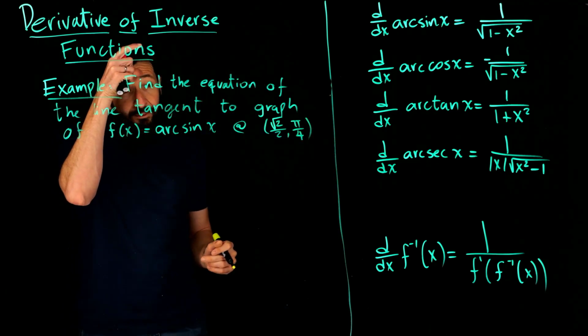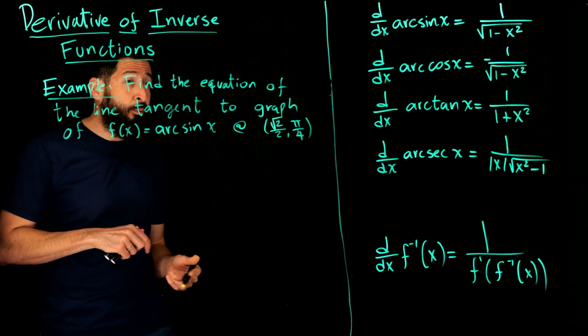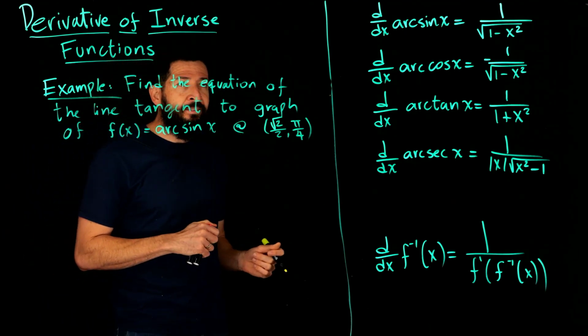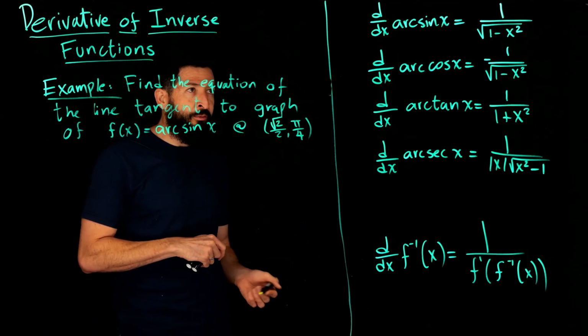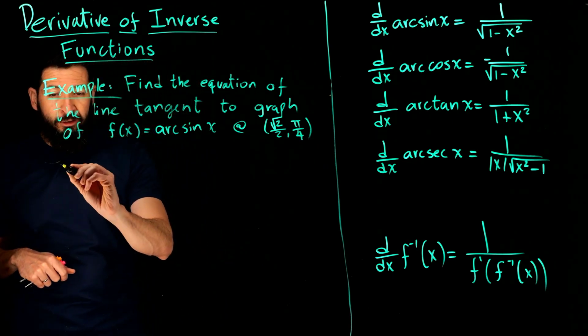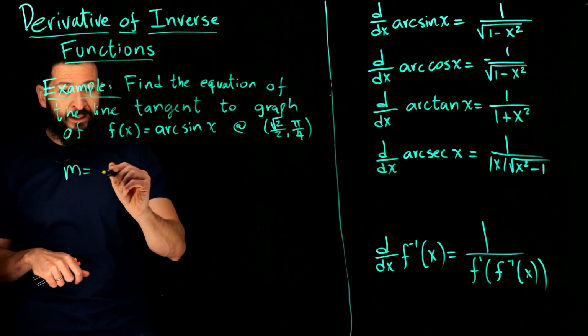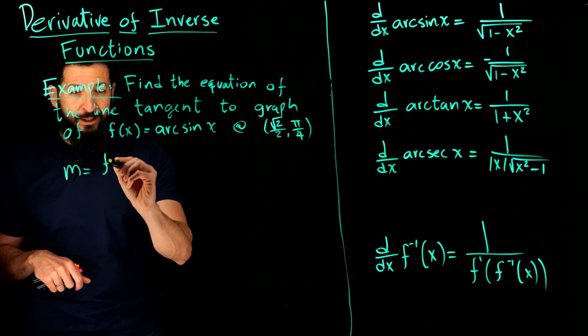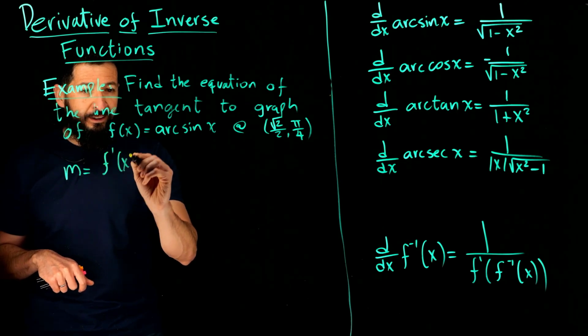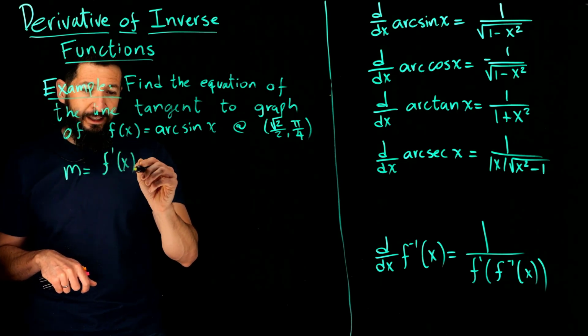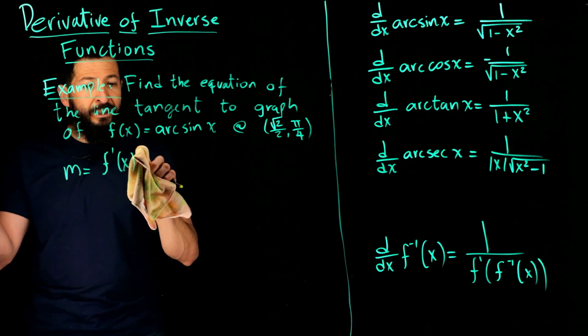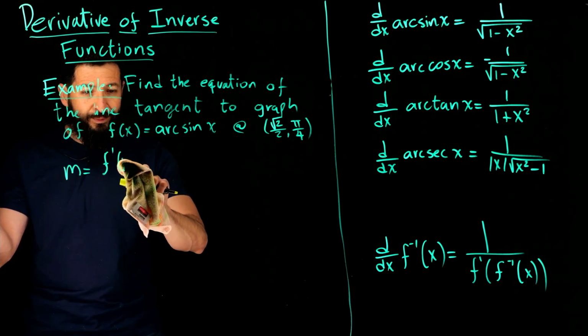All right, something like that. All right, so we compute our derivative. The only added difficulty would be that we'll have to do the equation of the line. So first thing is that the slope of the tangent line is going to be the derivative of the arc sine evaluated, I should have written it here, evaluated at square root of 2 over 2.